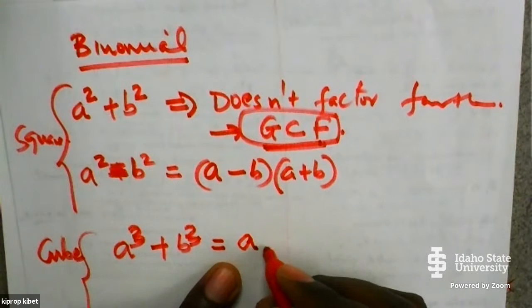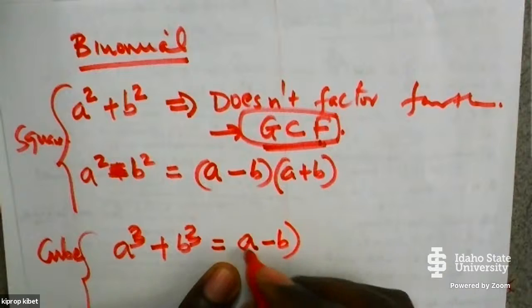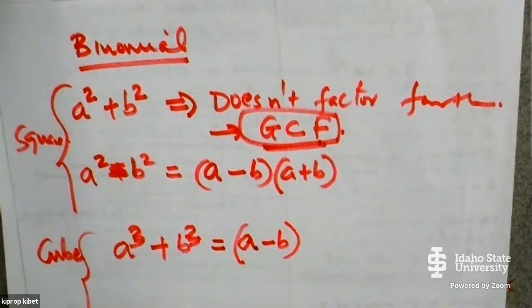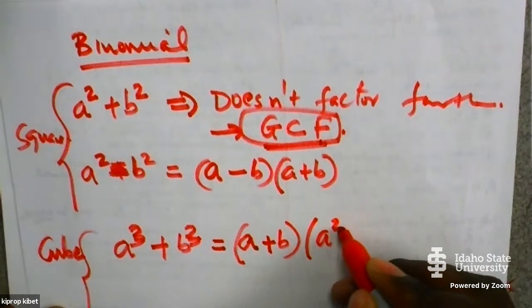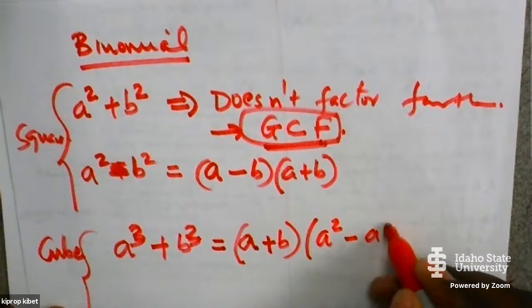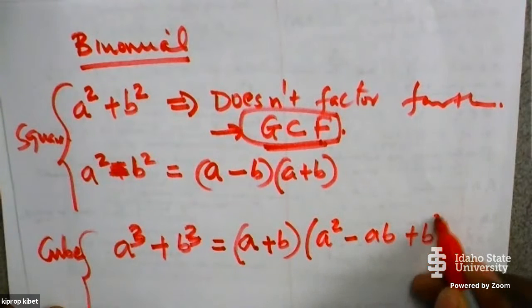Was it a minus b? No. So what was the pattern for the cube? A plus b, right? And then the other factor is a squared minus ab plus b squared.